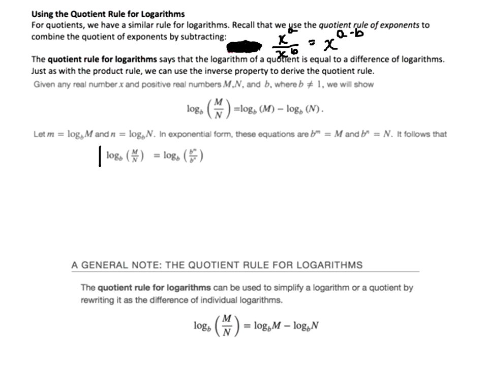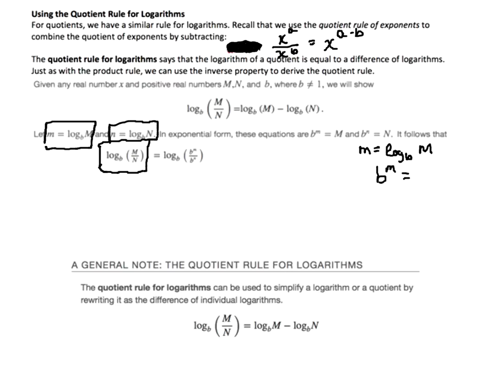We've got log base b of capital M divided by capital N. And I'm going to name lowercase m log base b of capital M and lowercase n log base b of capital N. So once again, off to the side, if I have m equals log base b of M, I can rewrite that as b to the m equals big M, and n equals log base b of N says b to the n is big N.